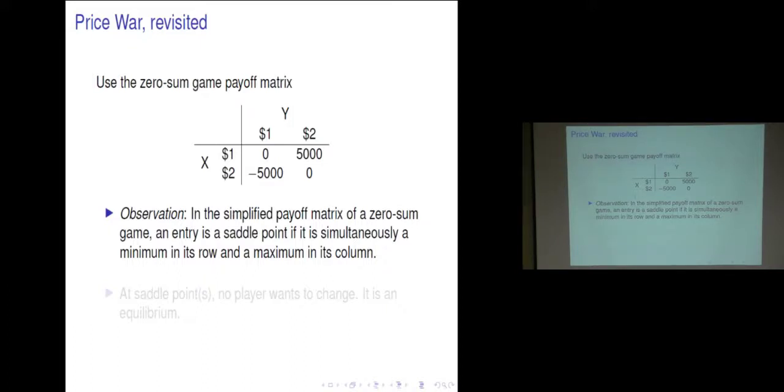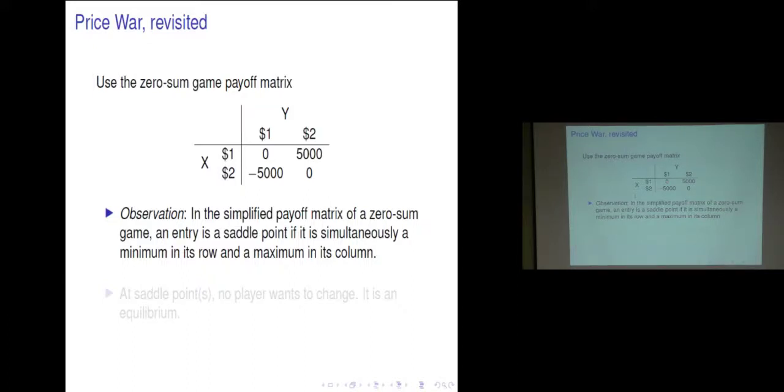Company X has two possible moves, or people call them strategies, and company Y also has two possible moves. For each pair of moves, we call it a strategy profile. If X plays one of his strategies and Y plays one of his strategies, X will get some reward or some negative reward, a punishment.